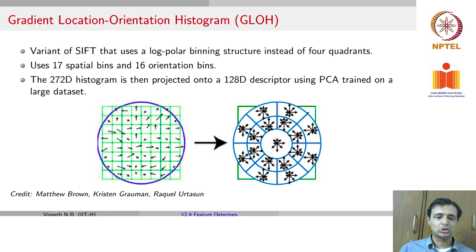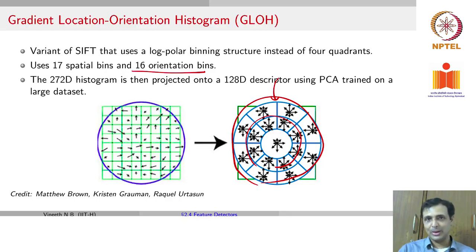Finally, there's also an approach called gradient location orientation histogram, or GLOH, which is a variant of SIFT that uses a log polar binning structure instead of using quadrants. This particular approach, as you can see here, has about 17 spatial bins and about 16 orientation bins, where in each concentric circle there are 8 of them. So you have 16 orientation bins instead of SIFT, where you had 8 orientation bins in the final step.